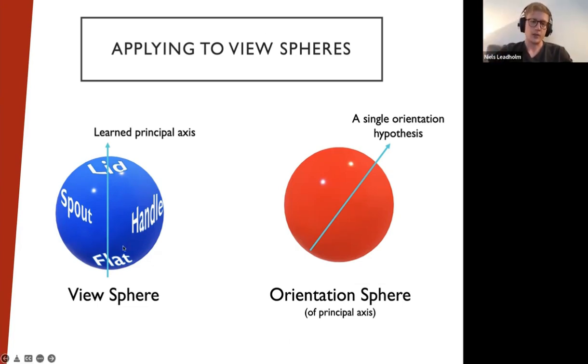So you need to not only infer where you are on the object, as in where you are on the view sphere, but also what the orientation of the object is that you're actually studying. This can also be conceptualized as a sphere, where the point on the sphere is basically, if you take the principal axis out of the object, pointing to wherever it is oriented on the sphere surface. And this is just a single example of an orientation hypothesis that you might have.